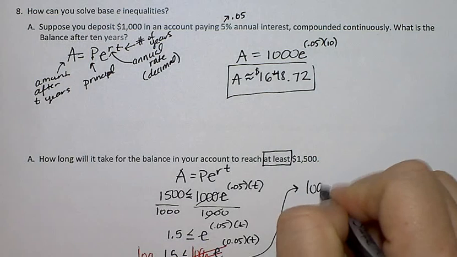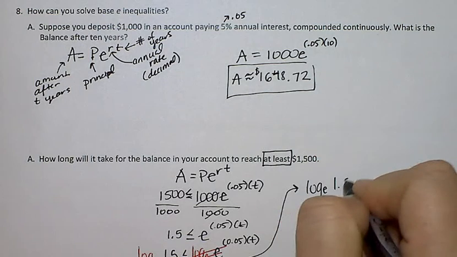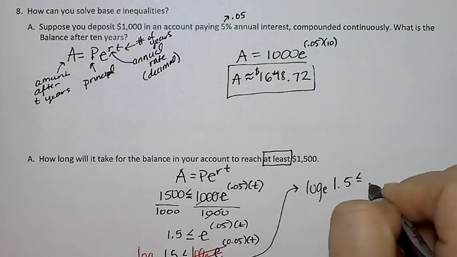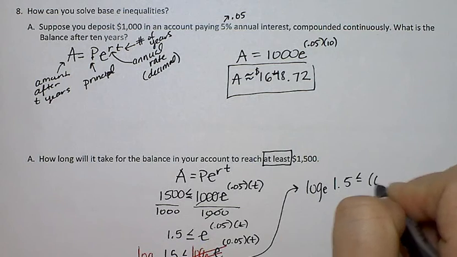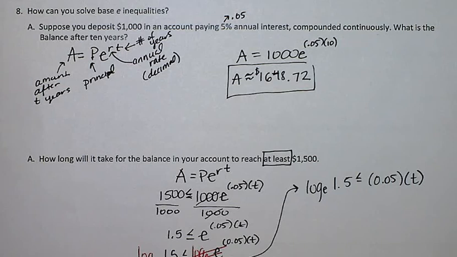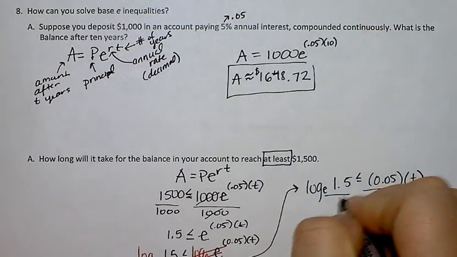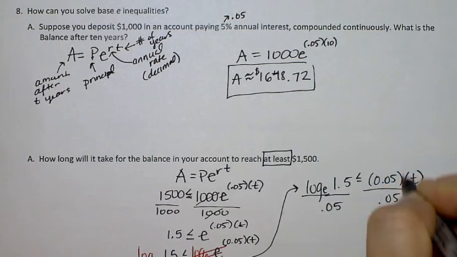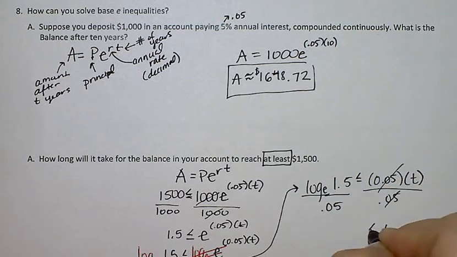So log base e of 1.5 is equal to 0.05 times t. I'm going to isolate the t by dividing by 0.05. Okay, so let's plug this in together.